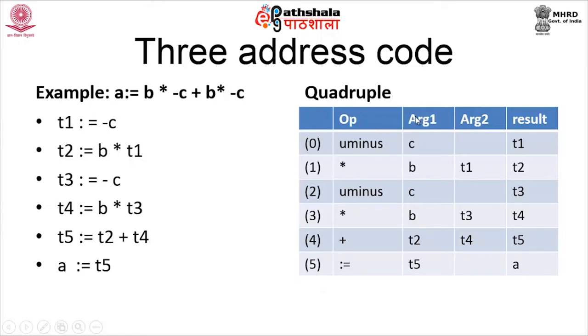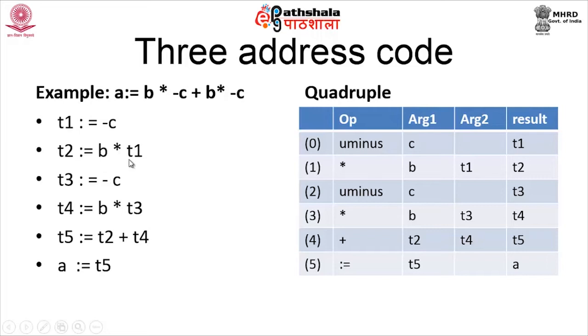Now it has 4 fields: operator, argument 1, argument 2 and result. If I have only one argument, argument 1 is filled, argument 2 is left empty, and whatever you are computing, put it into the last component. So the first one has an operator as a unary minus, the operand is C, and the result is stored in T1.